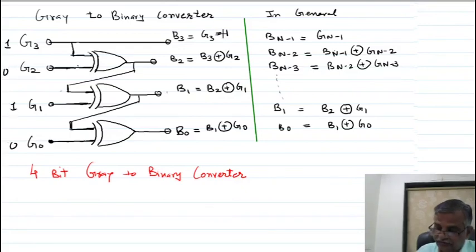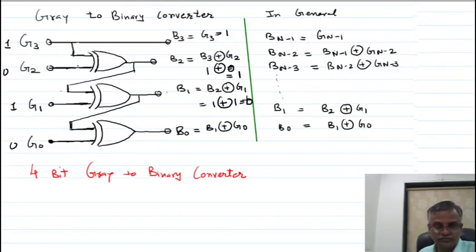So this is 1. B2 is under B3 and B3 is 1, and G2 is what? This is exclusive OR. So it is your 0. Answer is 1. It is 1. G1 is 1. Answer is 0. B1 is your 0, exclusive OR 0 is 0, so answer is 0. So this is your answer.